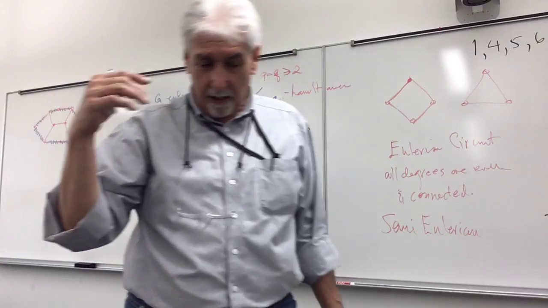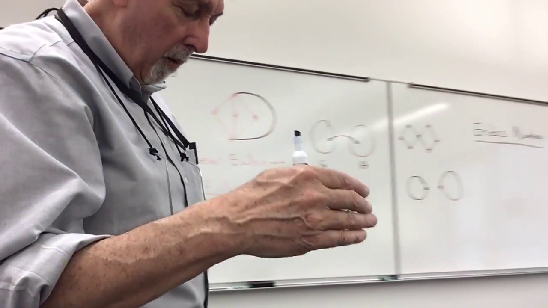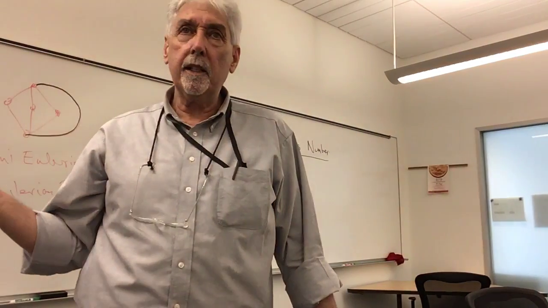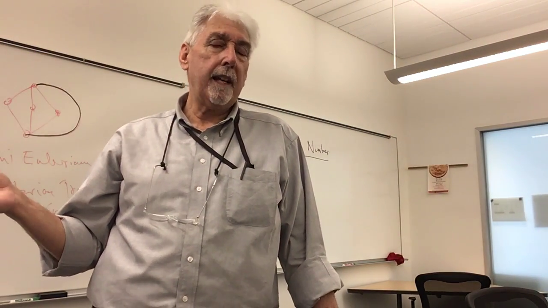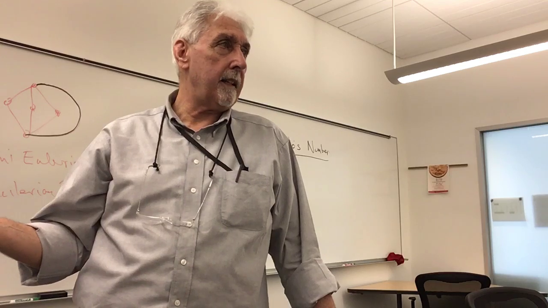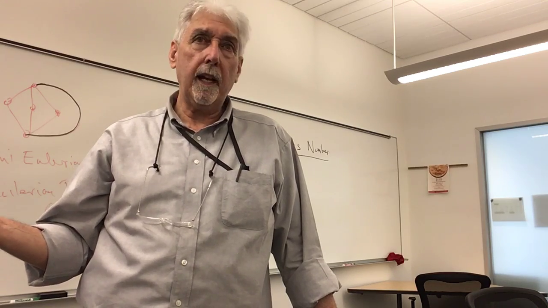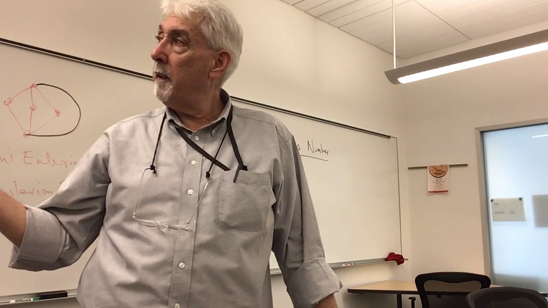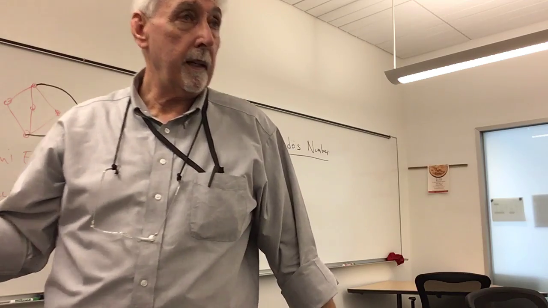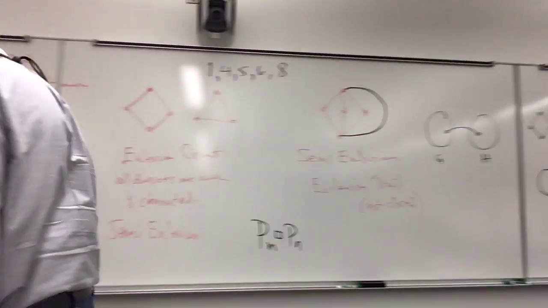Let's actually limit it some more. If you have a chance of having a Hamilton cycle, a cycle that contains all the vertices, then the graph has to be connected and has to have degree at least 2.